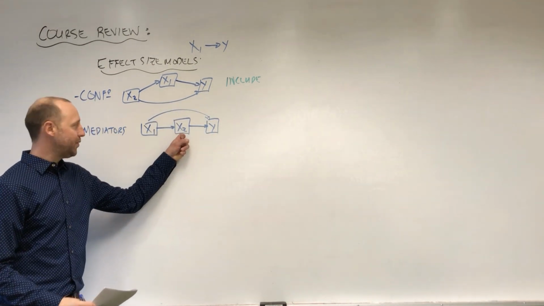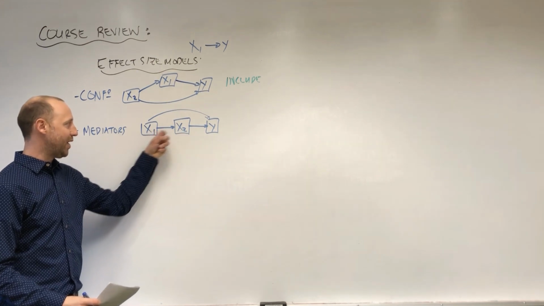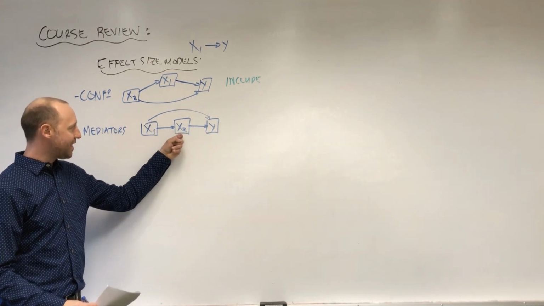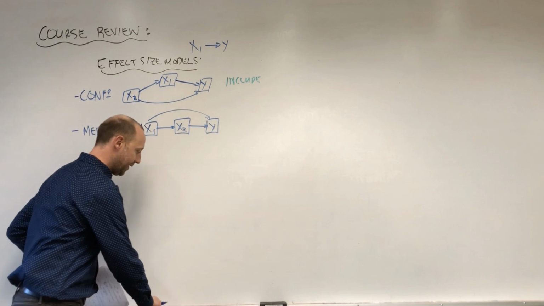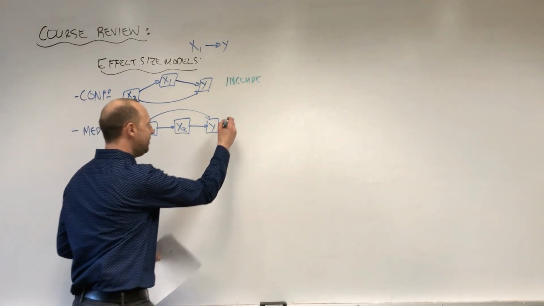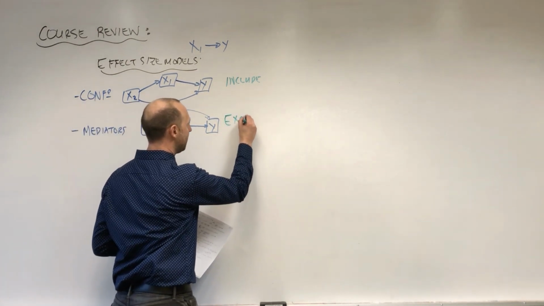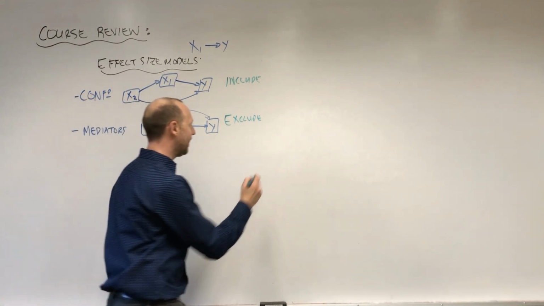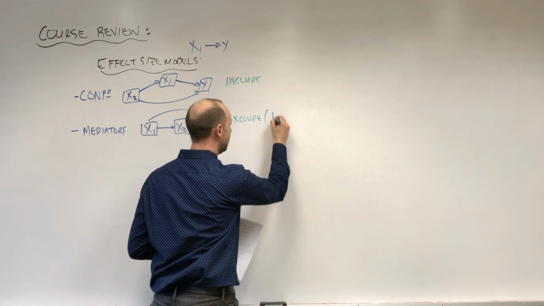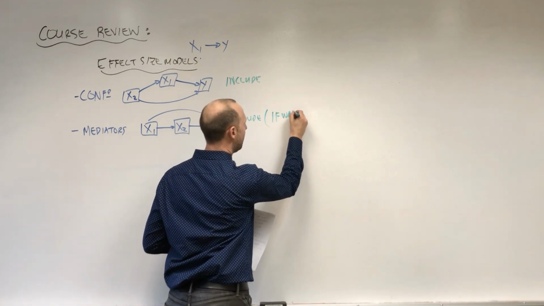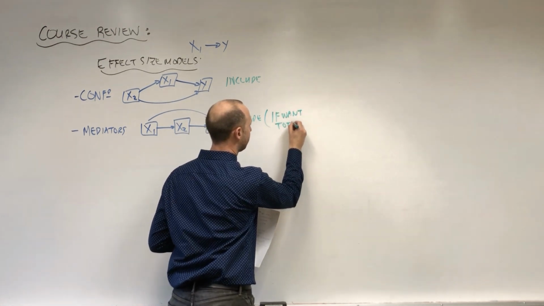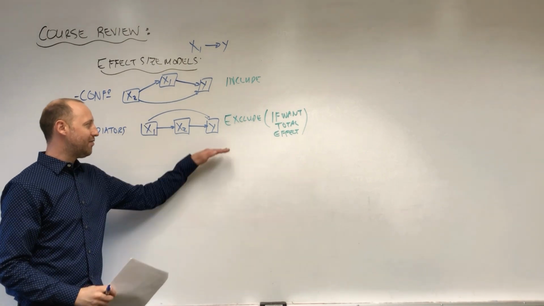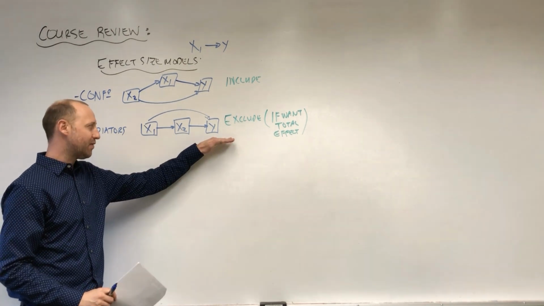So here x2 is sitting on the pathway between x1 and y. x1 leads to x2, which then leads to the outcome. And for these, we generally want to exclude them. We talked a bit about how it's more complicated than just saying include or exclude, but we want to exclude if we want to estimate the total effect. And we mentioned that the whole idea of mediation analysis is sort of a subtopic.